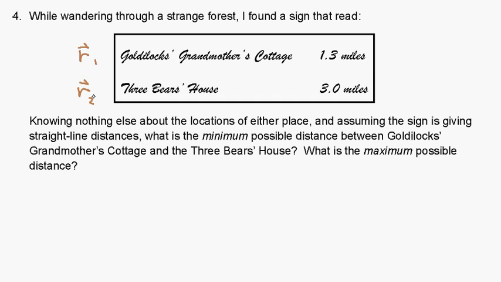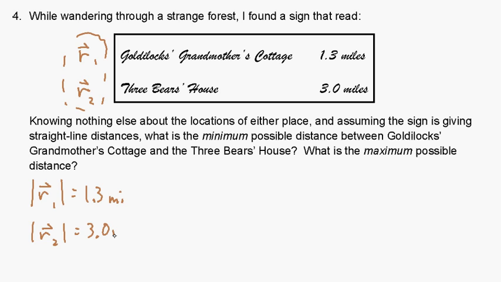And R2 is the vector that will lead us to the Three Bears house. Now we don't know the directions these are pointing in. We do know the magnitudes: the magnitude of R1 is 1.3 miles, and the magnitude of R2 is 3.0 miles.